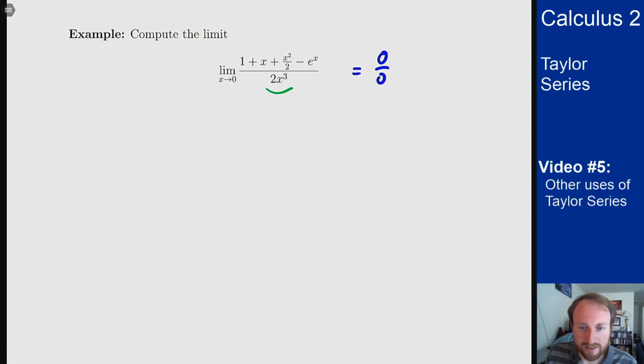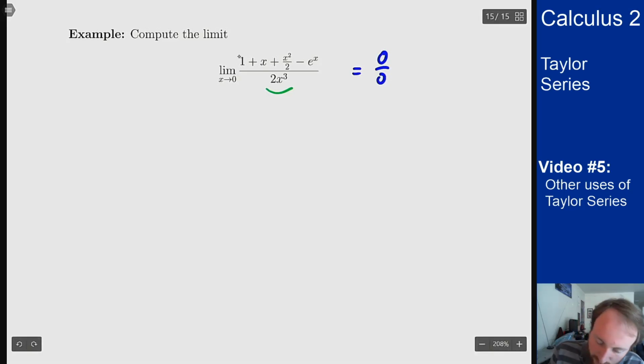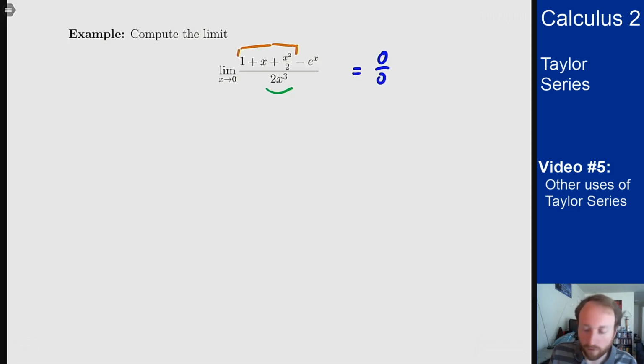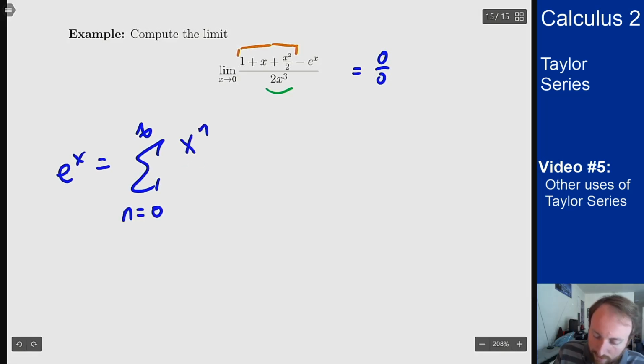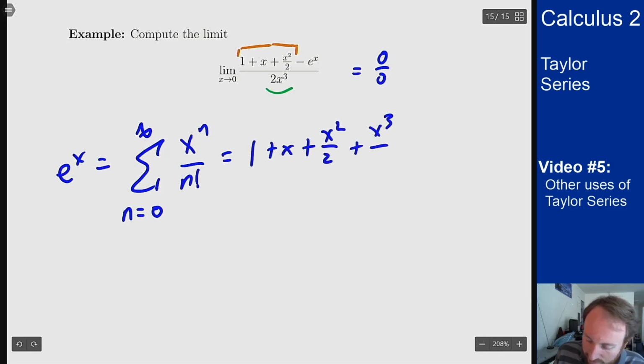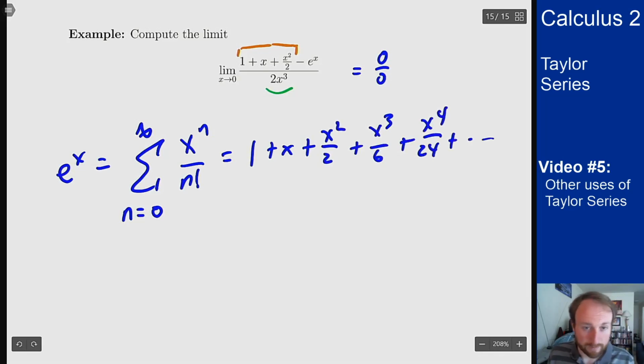What I can do instead is look at this e to the x I have on top. And if I look at these first 3 terms here, those are the first 3 terms in the Taylor series for e to the x. So we know that e to the x equals the sum of x to the n over n factorial, but this starts out as 1 plus x squared over 2 plus x cubed over 6 plus x to the 4th over 24, and so on.